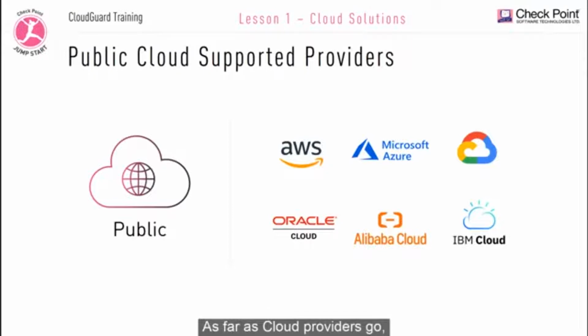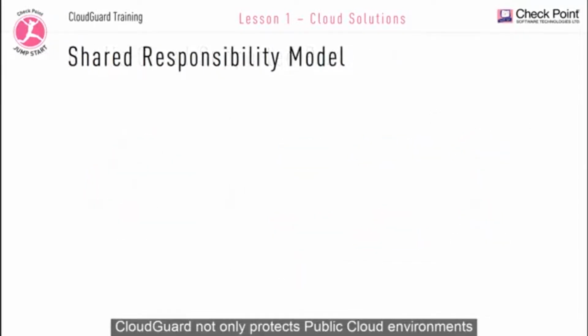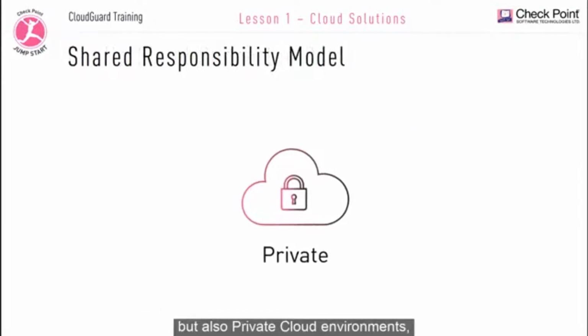As far as cloud providers go, AWS dominates 40% of the market, Azure controls about 30% of the market, Google has about 20%, and the rest is split between the other cloud providers. CloudGuard not only protects public cloud environments, but also private cloud environments.